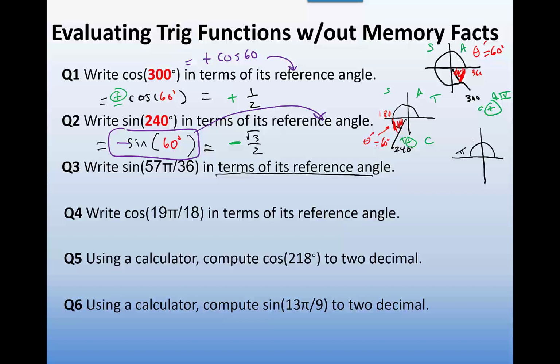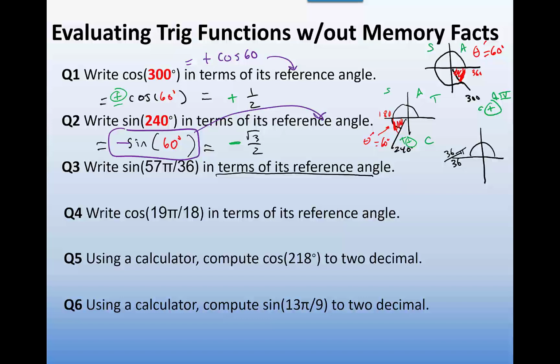And 1 whole pi is 36 out of 36 pi. Because 36 divided by 36 is 1 whole pi. And I got to go 57. So that looks like I got to go a ways past half circle. But how much past? I don't know yet.